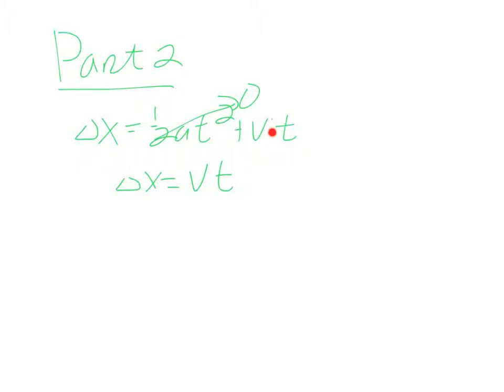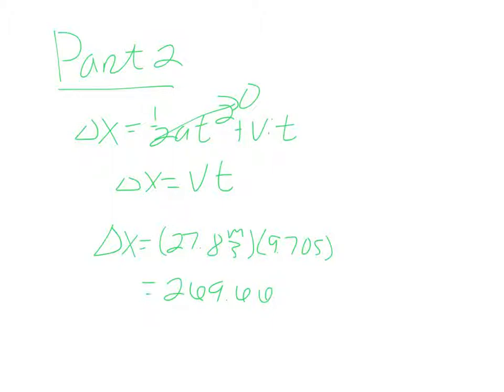I can get rid of the initial right here because your initial is the same as your final. So for part 2, delta x is equal to 27.8 meters per second times 9.7 seconds. Multiplying this out, we get 269.66 meters.